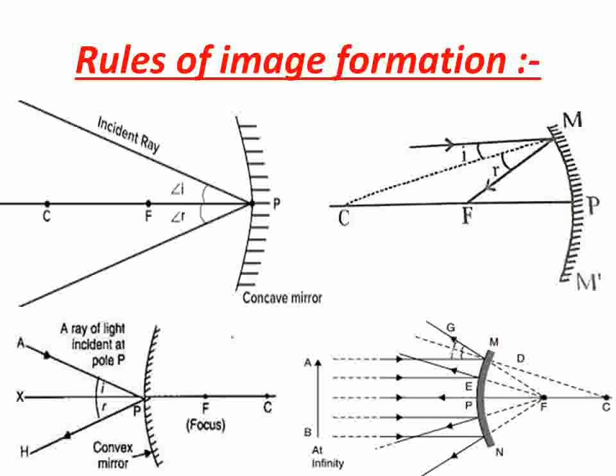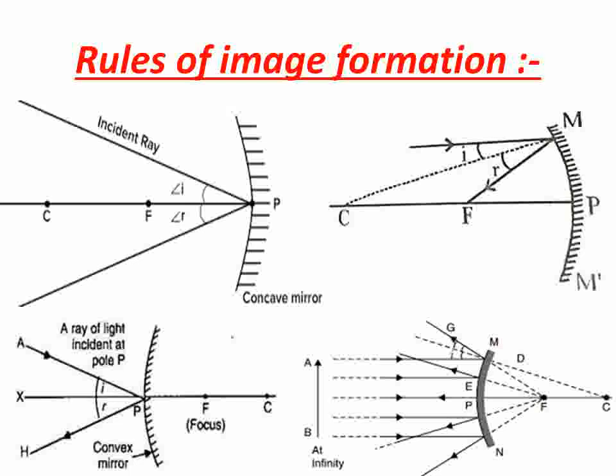Similarly, in another case, the second one, the principal axis is not there. There is a dotted line, and that is passing through the center of curvature and is normal again. The incident ray makes an angle I with normal CM in figure 2.